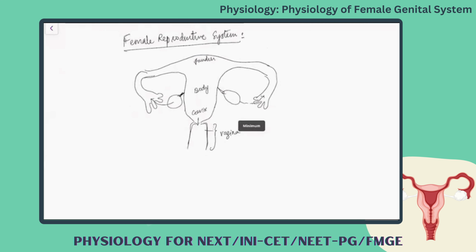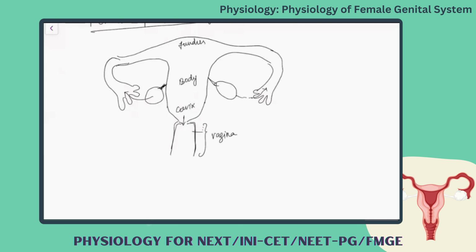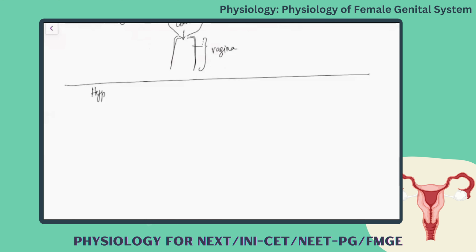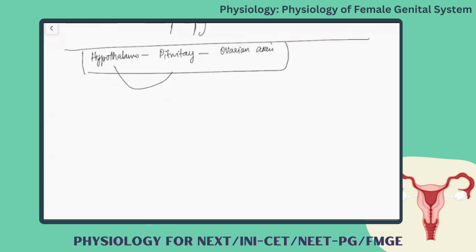Okay, so in this we are going to see first how this hypothalamo pituitary ovarian axis is doing its part. So hypothalamus is going to release what hormone with respect to the reproductive system?